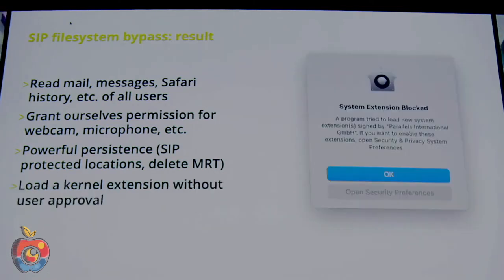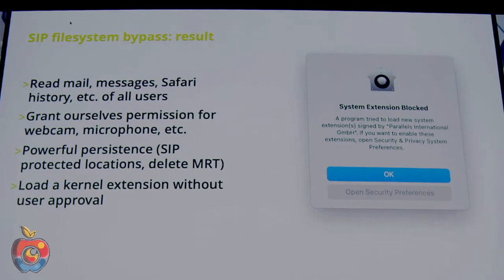And also, as a final step, I could load a kernel extension without user approval. So there's a database for kernel extensions that the user has approved. And normally the user needs to see a prompt like this where they need to click OK and go to System Preferences and also approve a kernel extension specifically. But because I could modify that database, I could just load any kernel extension without the user ever seeing anything happen.